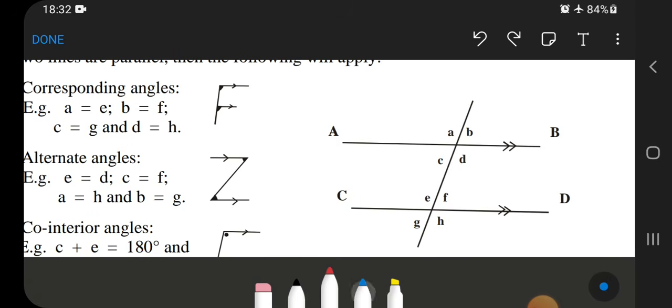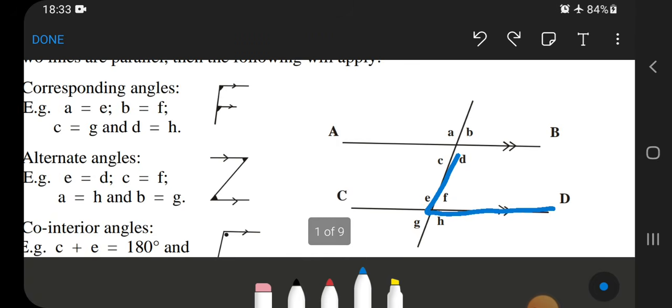So let's look at alternate angles. They make an N or a Z. They go like this, like this, like this. So C and F are alternate angles. And they also go this way, where we have E and D. They are alternate angles.